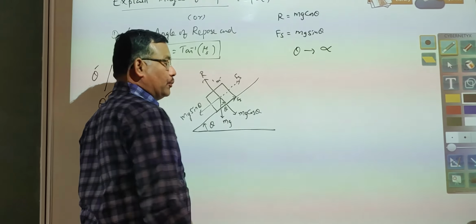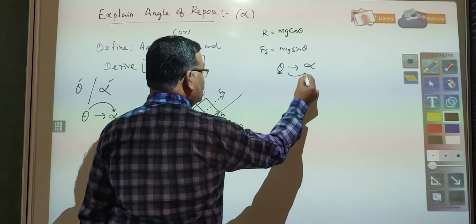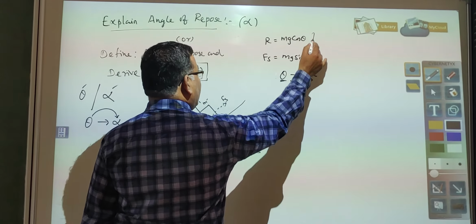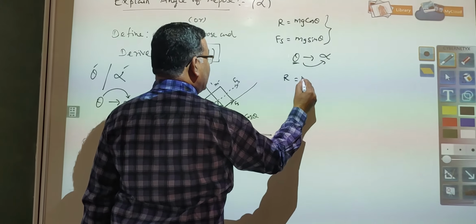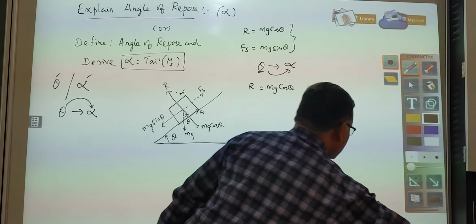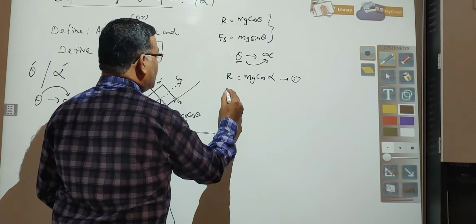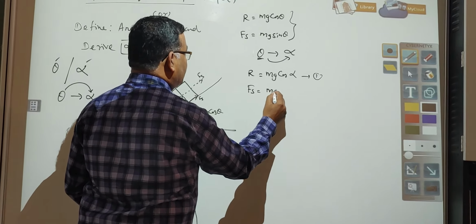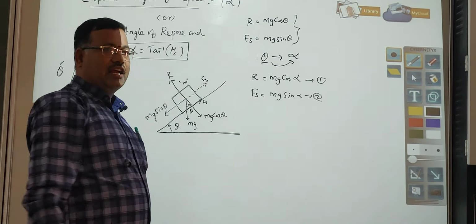So if you substitute alpha instead of theta, the two equations become: R is equal to mg cos alpha, equation 1. Fs is equal to mg sin alpha, equation 2. You can write in any order, no problem.